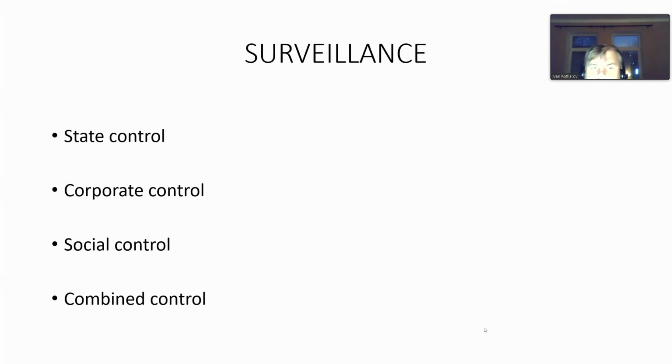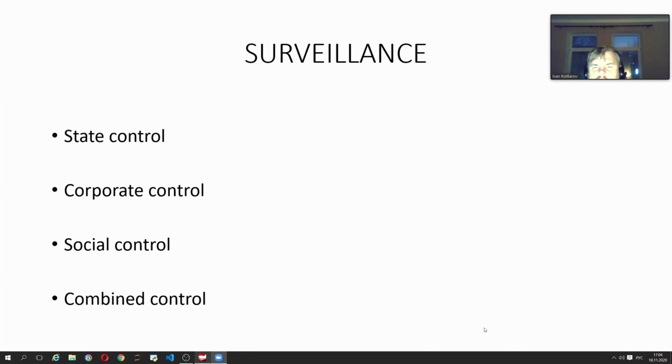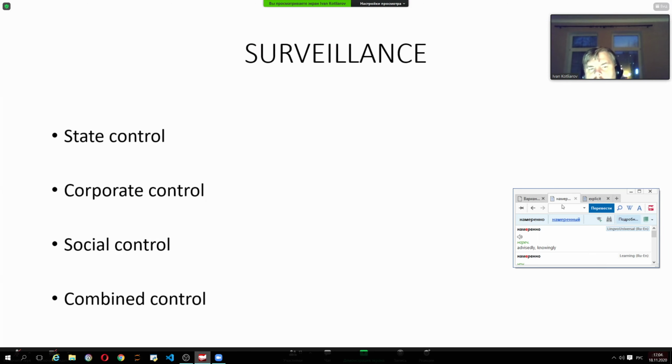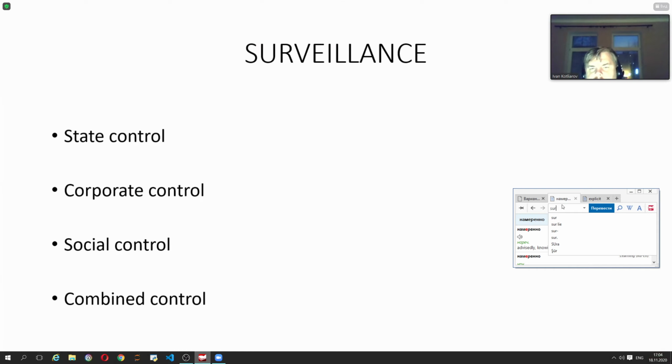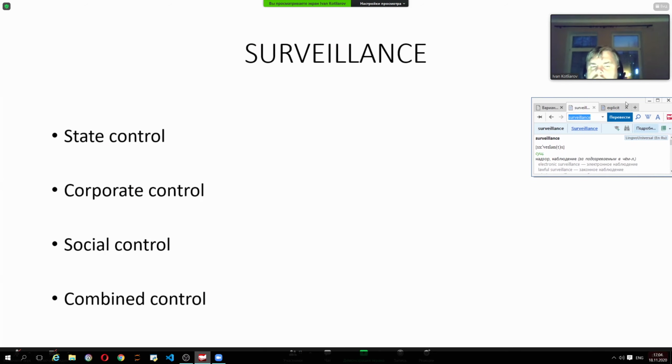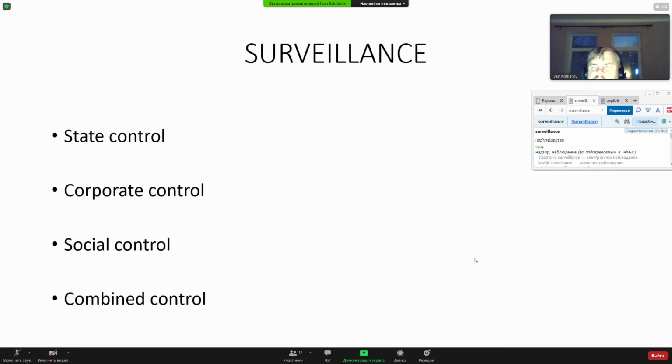Well, ladies and gentlemen, surveillance. I guess you have heard this word. It is a kind of control. Okay, now, unfortunately, we have to live in the system of different models of control. There is state control. We have already discussed it. There is corporate control. We discussed it during the first lectures.